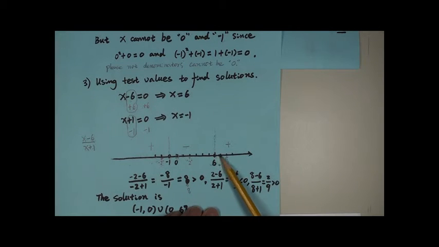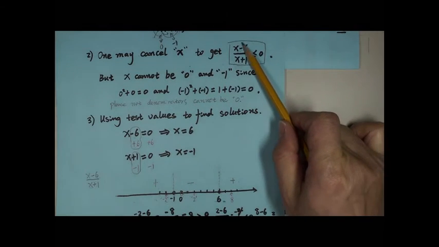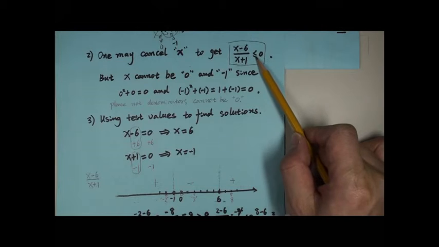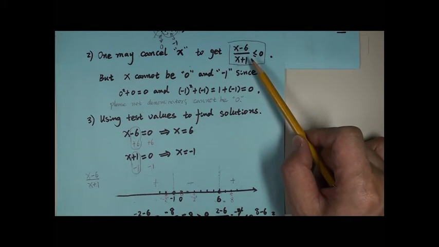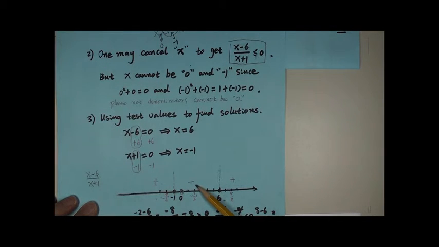So it is positive, negative, positive. What do we need? We need this expression divided by that to be negative or equal to 0. So we need negative here, since we need negative, that's from negative 1 to 6.